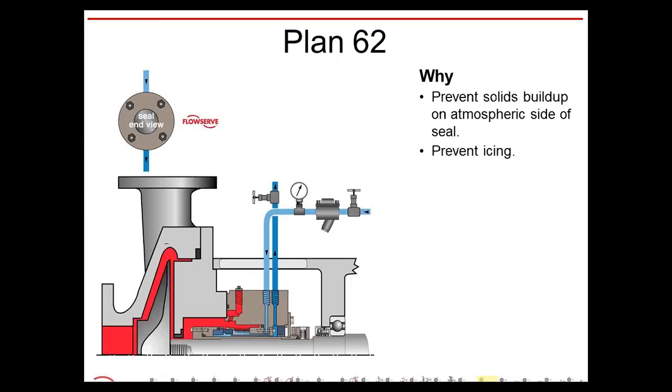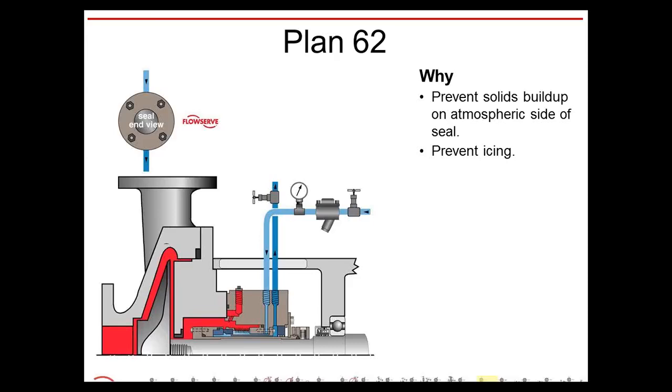Okay, look at a cryogenic service where you're pumping something that might be very cold, 50, 60, 70 below. You want to prevent icing on the backside of the seal, so you want to add a little bit of heat to prevent that icing, and that'll act to both heat up and flush away any icing.